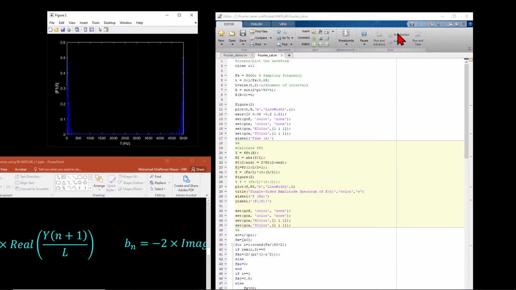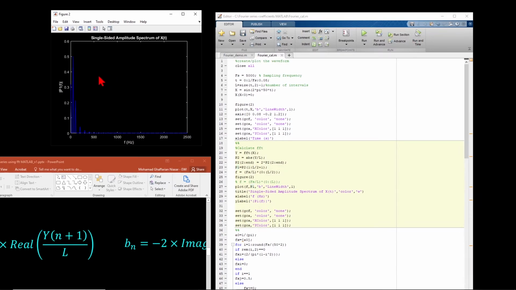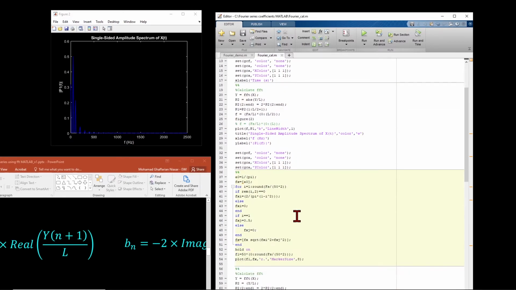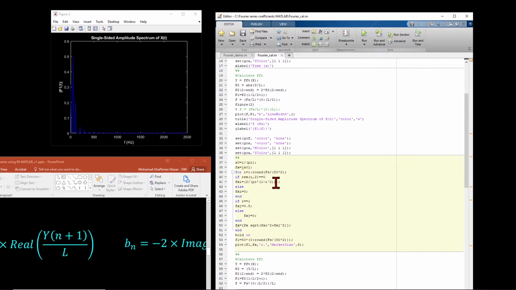Okay, so if I plot it now, we have to plot P1. So these are basically the magnitude of harmonics of our waveform. Because previously we calculated the harmonics analytically, I can also calculate the magnitude of them. And here you can see that they match what we calculated from FFT.